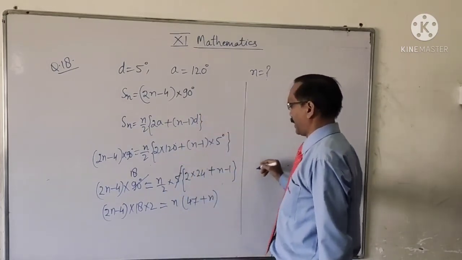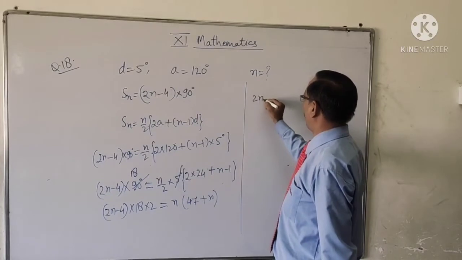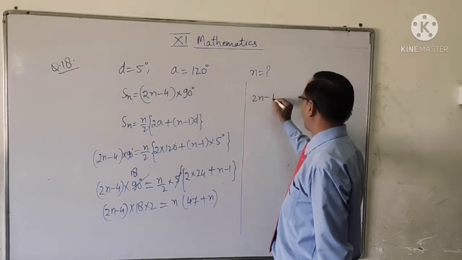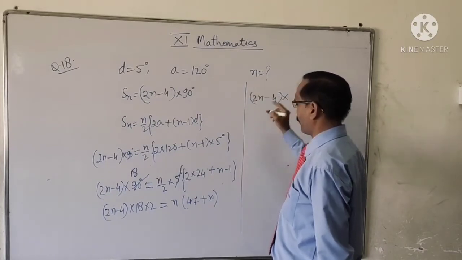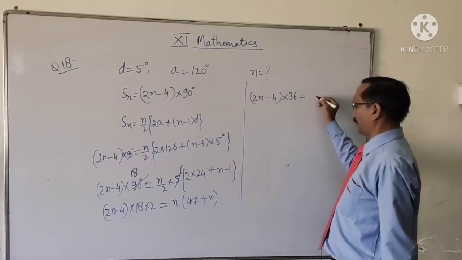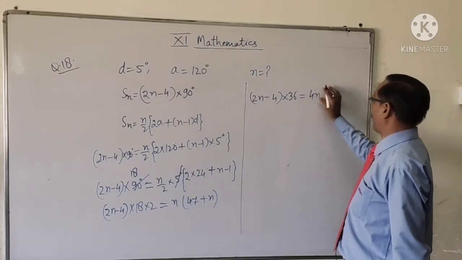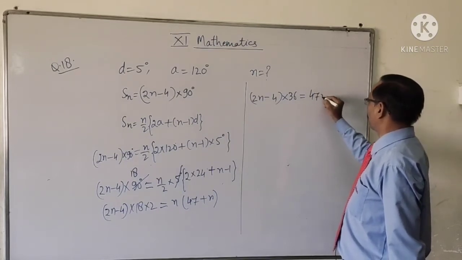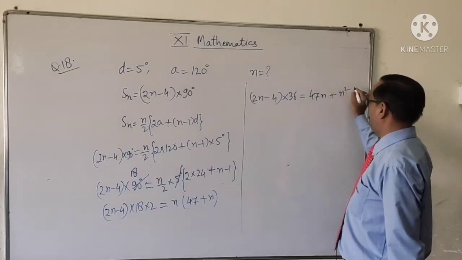Then open the bracket. Here 2n minus 4 into 18 is 36n minus 72, equal to 47n plus n square.